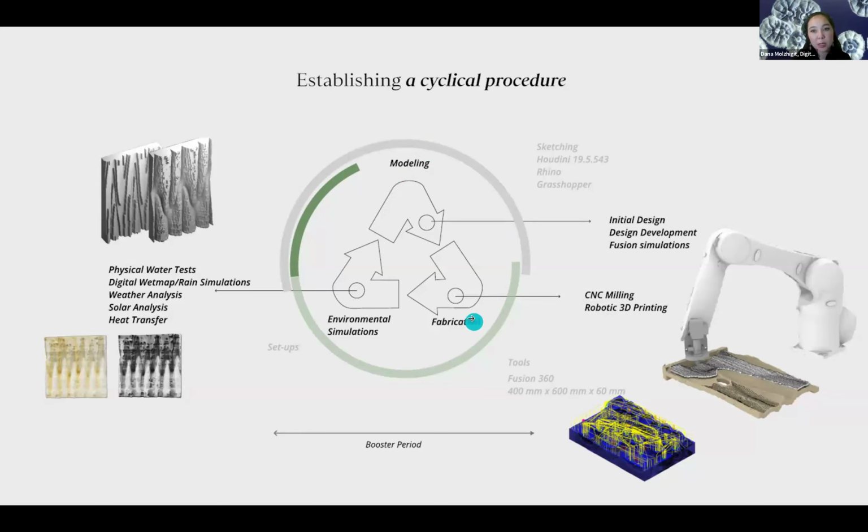In this case it's digital fabrication, CNC milling, and robotic 3D printing, but you can as well use low-tech fabrication methods like slip casting, weaving, felting, and so on. And then environmental simulations: you can use both physical tests, whether at home or in the lab, and also solar analysis, heat transfer, and weather analysis. So this was a very cyclical procedure for us.